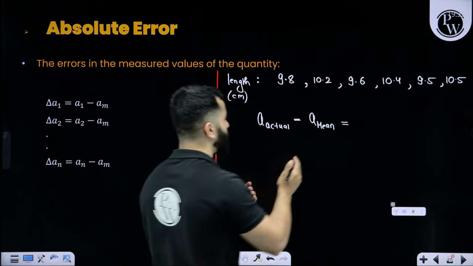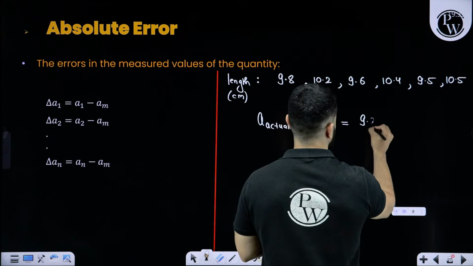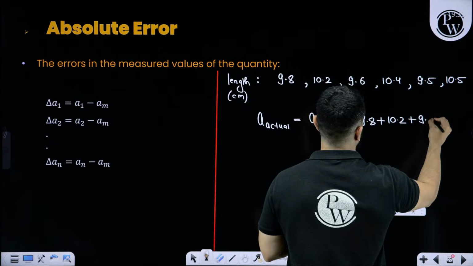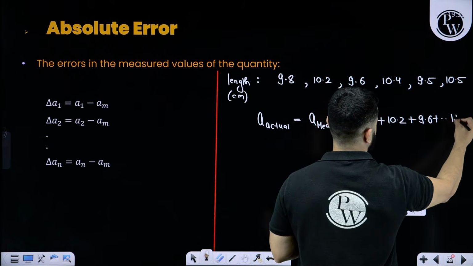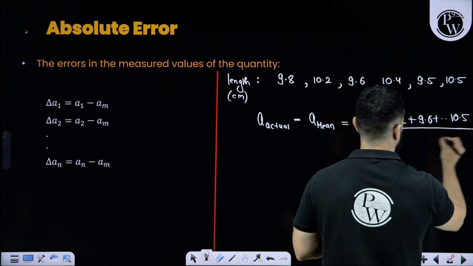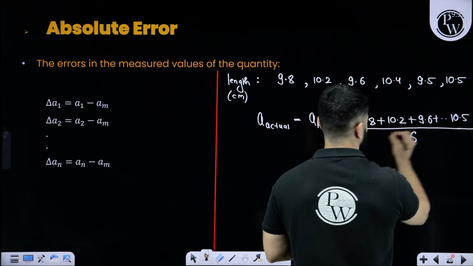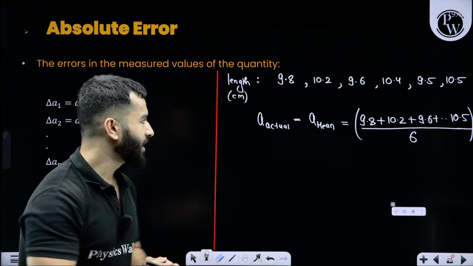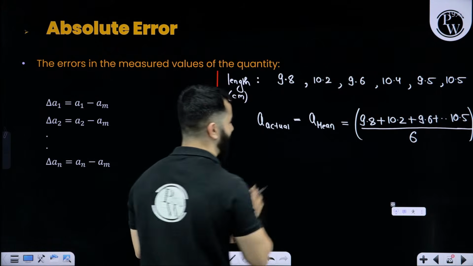So how to do this? We add all of them and divide by the total number of terms, that is 6. We will get some answer. That value will be called the actual value.